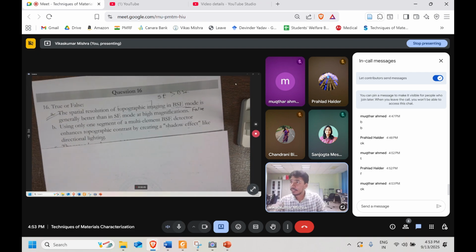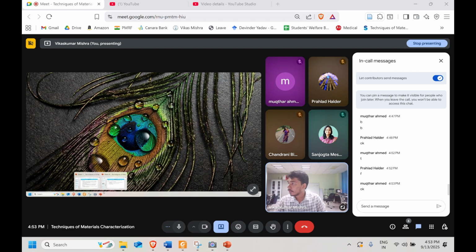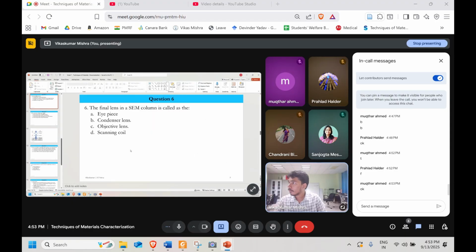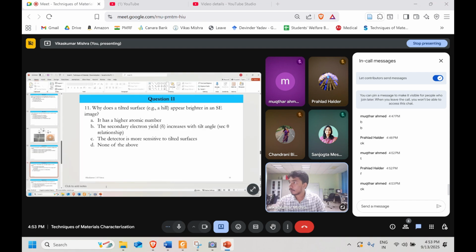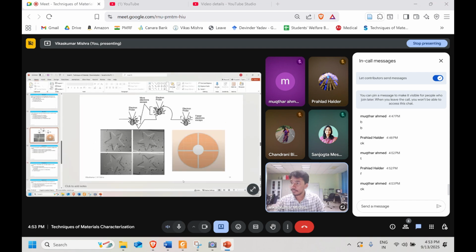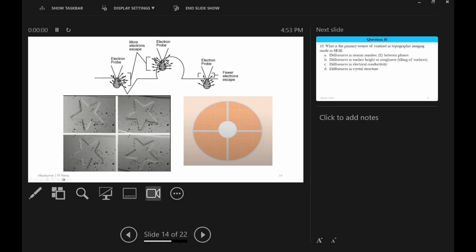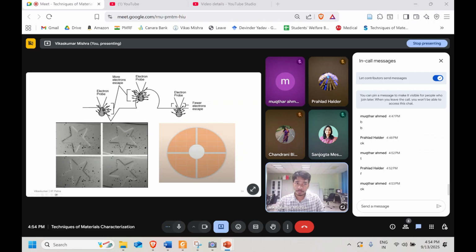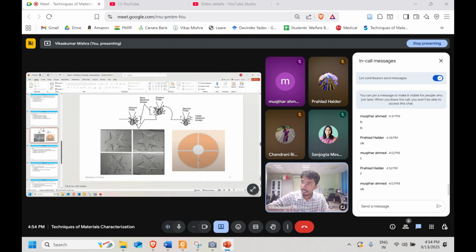So what it's saying is, let us say we have this. I'm only using one of the detectors. I'm not using the other. In that case, what will happen? I'll see the topological information, right? So this is what the question is saying. Let's say I'm only using this, I'll get this topological info. If I'm only using this, I'll get this.